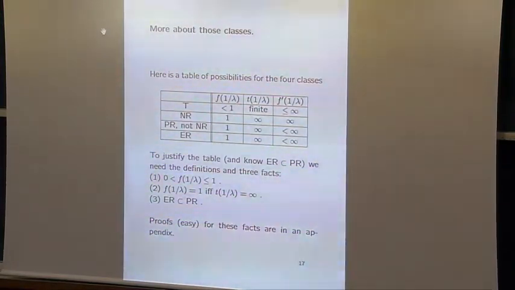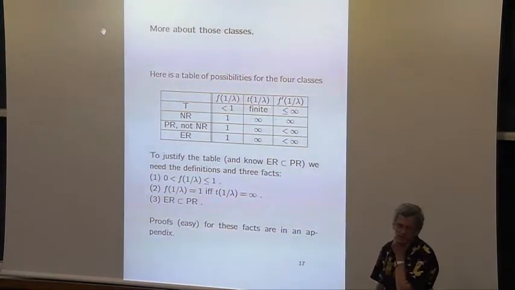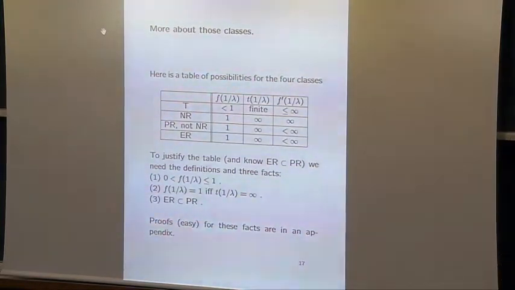So let's go back a little more and get to know these classes a little better. So we can make a table of possibilities for these four classes in terms of what the evaluations of f, t, and f prime can be at this radius of convergence 1 over lambda for t.